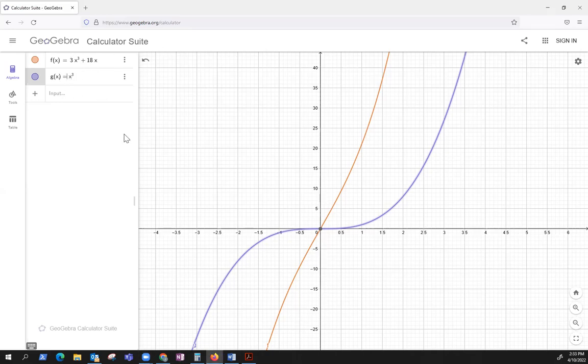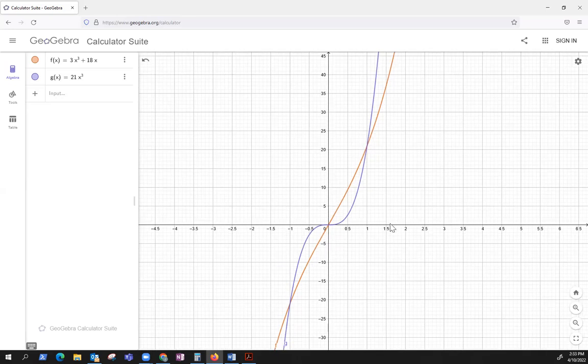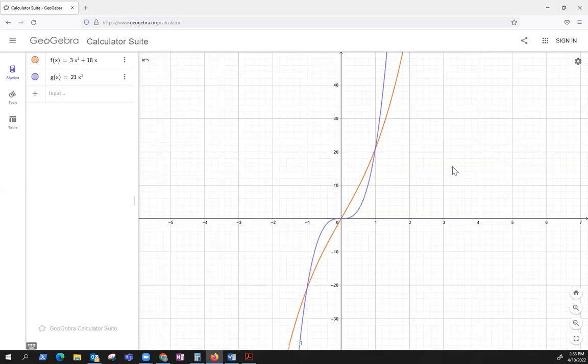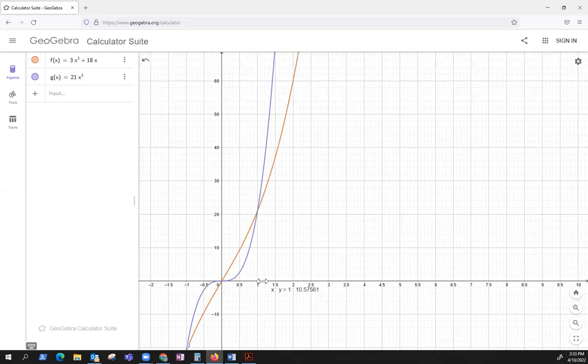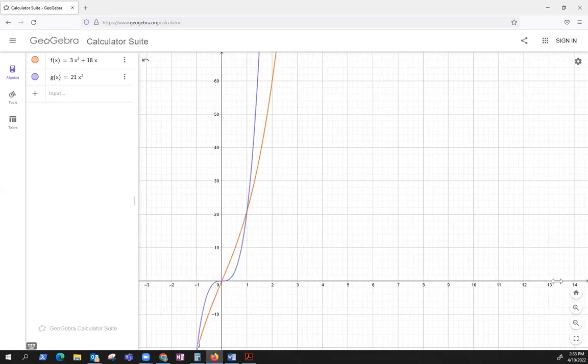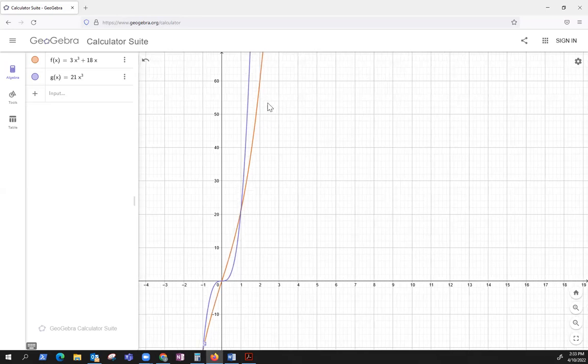So I'm going to put the constant 21x cubed, and then look what happened. There's this point where these functions cross each other at x equals 1, and f of x is about 21 maybe. And if I zoom out, let me make my x-axis really, really long so we can see really far over.